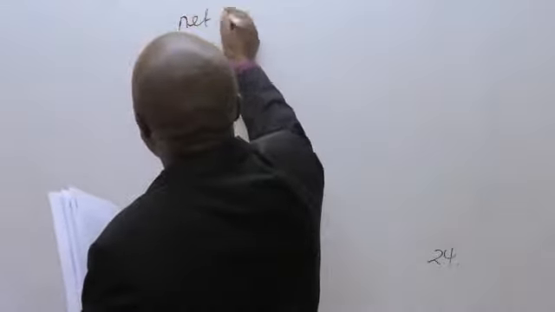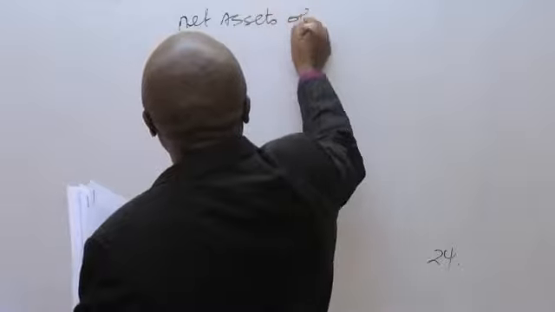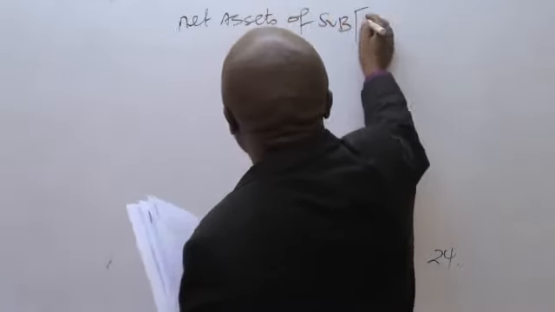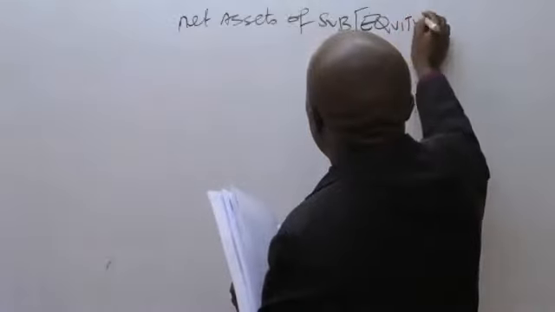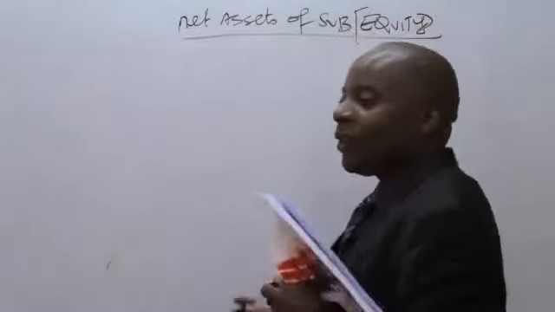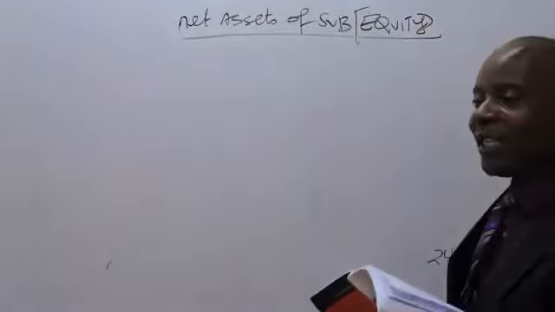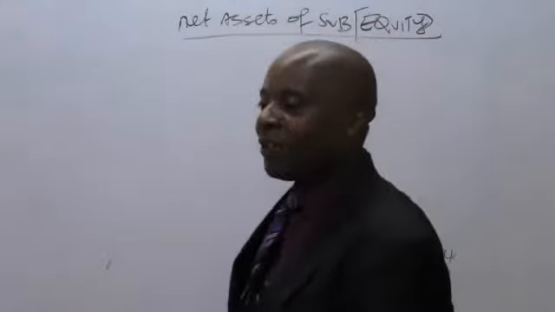For you to be able to give us the goodwill of a subsidiary very easily, start by giving us the net assets of that subsidiary. Remember we said we're using the equity way, and you guys are the ones who gave me the equity components very fast.